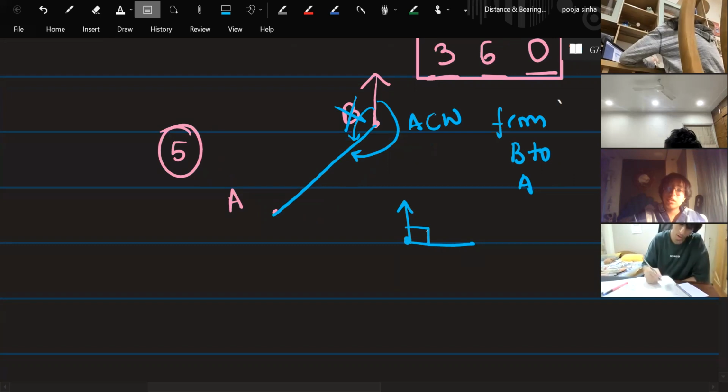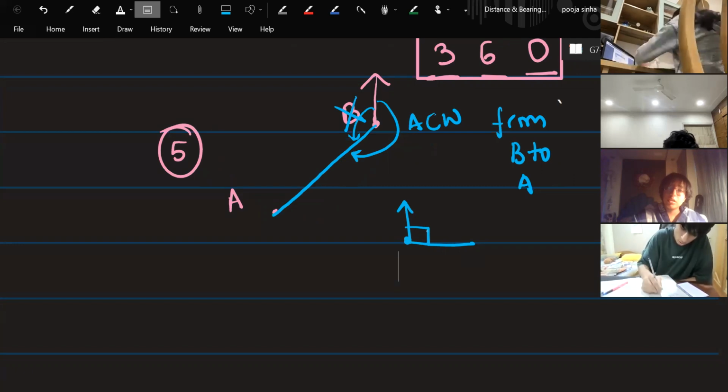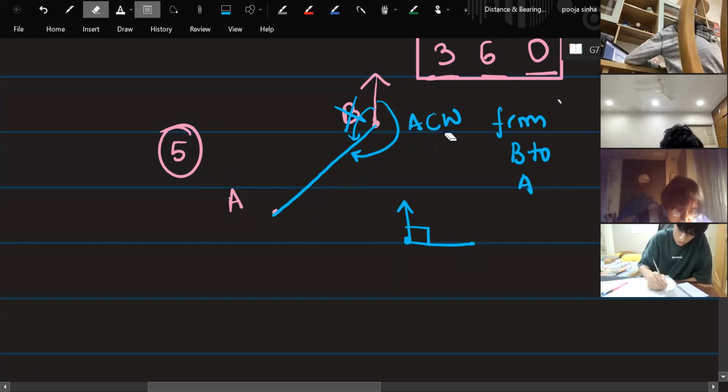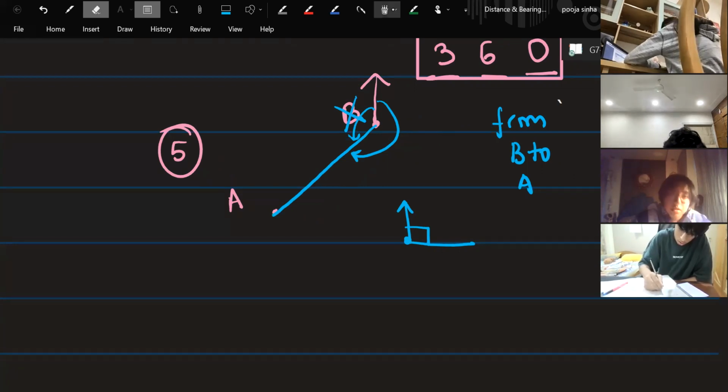No, sorry. This is clockwise, right? Miss, is it clockwise or anti-clockwise? Clockwise. Please write clockwise. Only clockwise direction. Sorry, my bad.